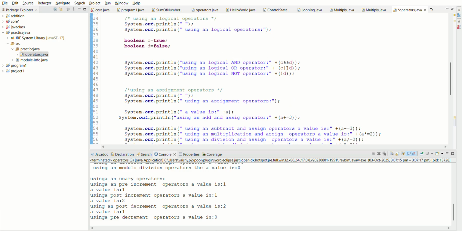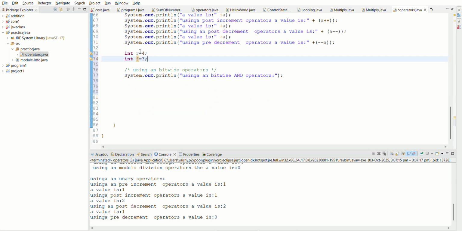We already used c and d values, that's why we're using different values here, r and f. So we use these two values for bitwise operators.